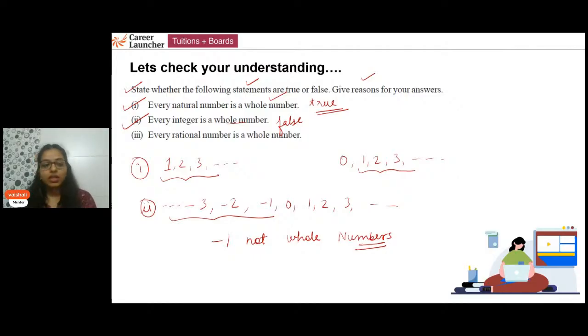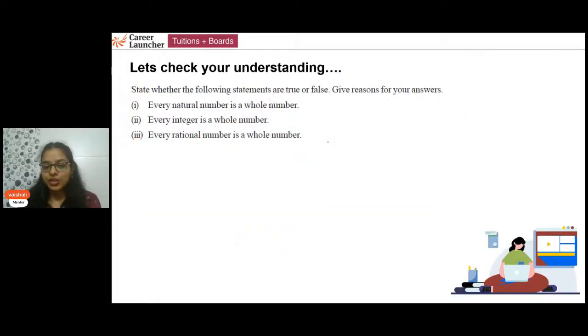Very good. Now part 3. What example would we like to give for this one, where we are saying that every rational number is a whole number? This is also false. Okay, and what is the reason for that? Can we make an example from it? If I say this is a false statement, let us look at the definitions first. A rational number is of the form p by q, where my denominator is not 0.